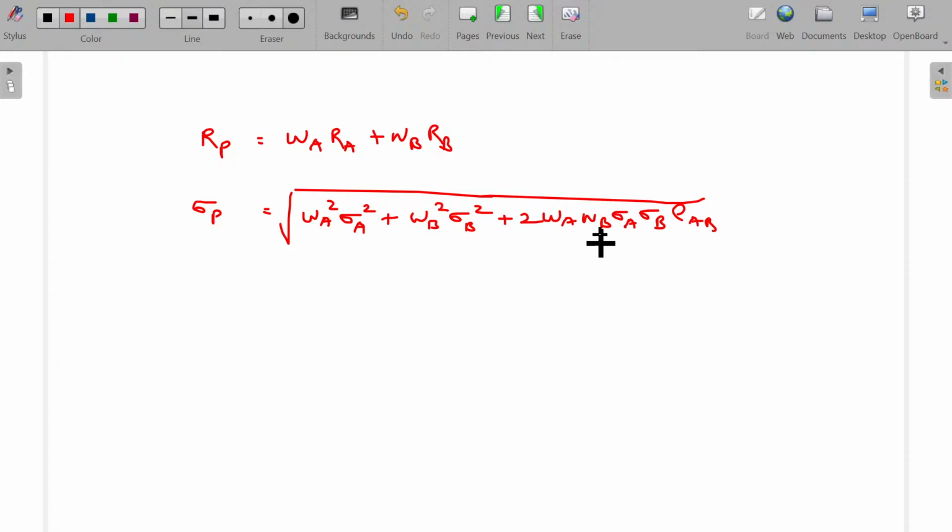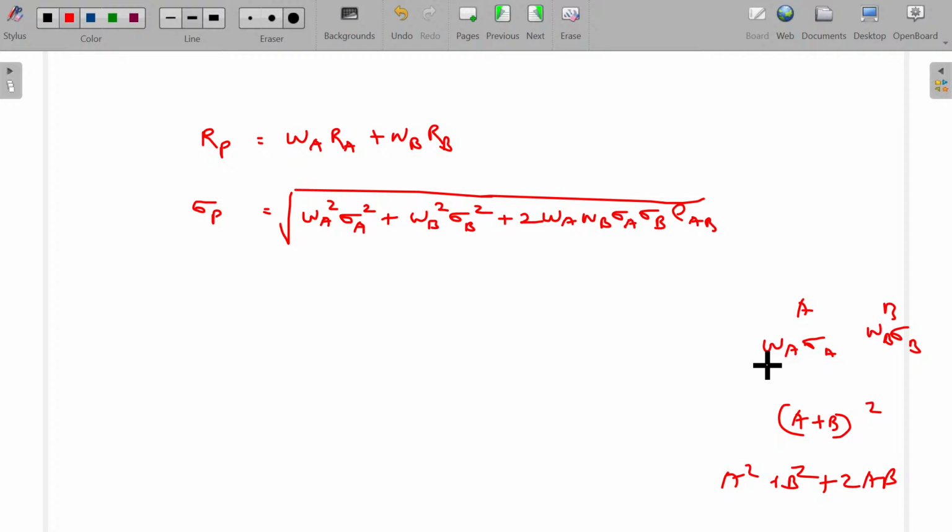It's very easy. Can you remember this formula from the school days? A plus B whole square is A square plus B square plus 2AB. This WA, standard deviation A, is considered as A. WB, standard deviation B, is considered as B. Now you can easily remember this square, plus 2 into this one and this one.